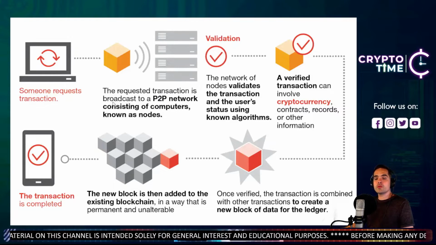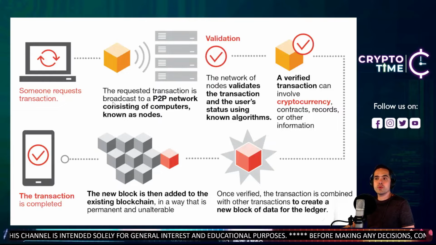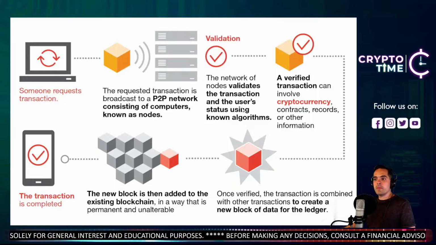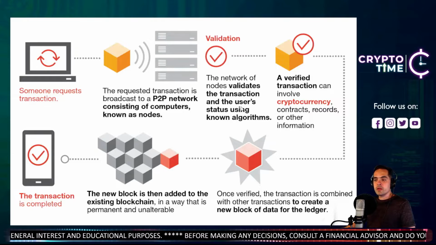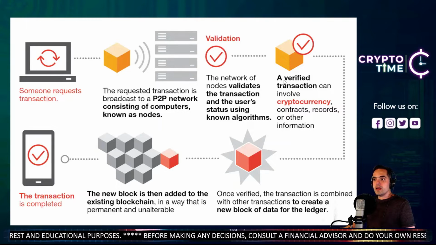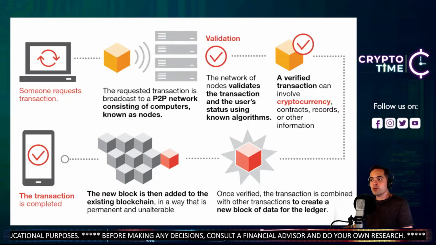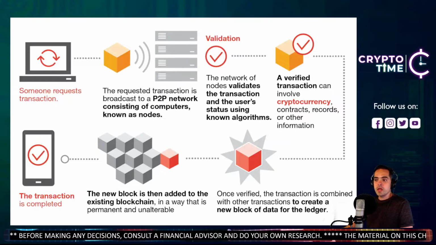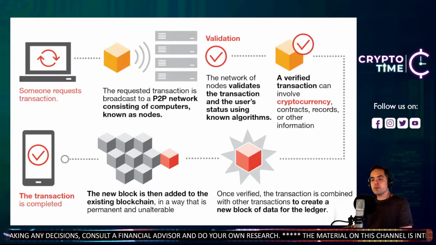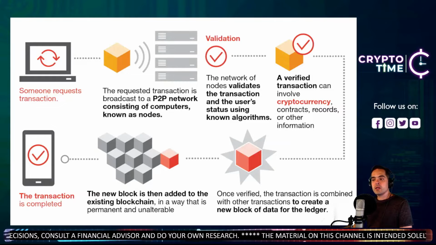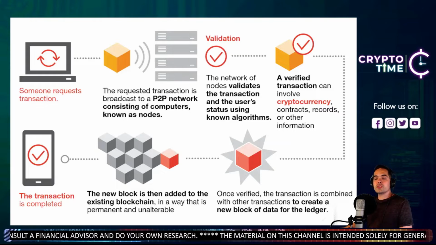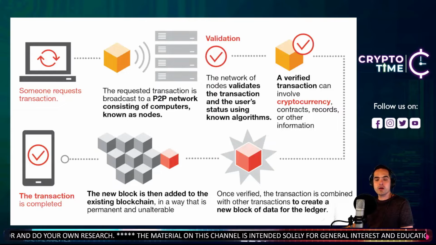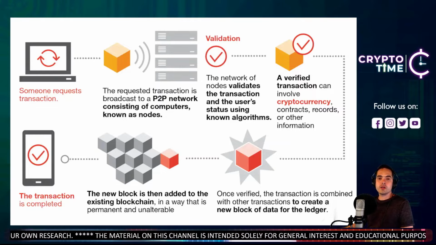That request will be broadcast to all those computers, and they will have to validate that transaction. That verified transaction could be cryptocurrency, contracts, records, or other information. Once that request is verified, that transaction is combined with other transactions to create a new block of data for the ledger.